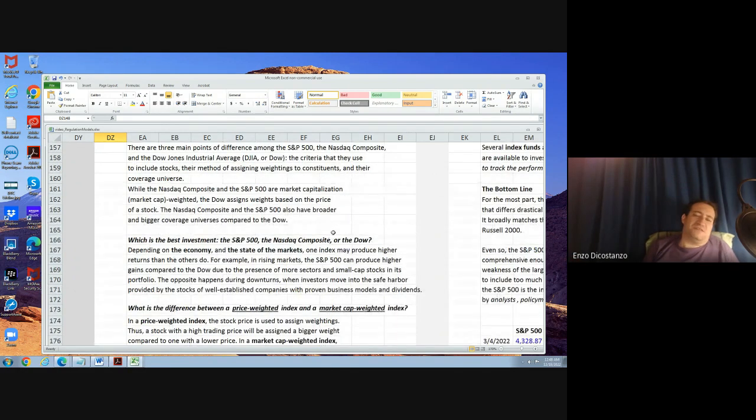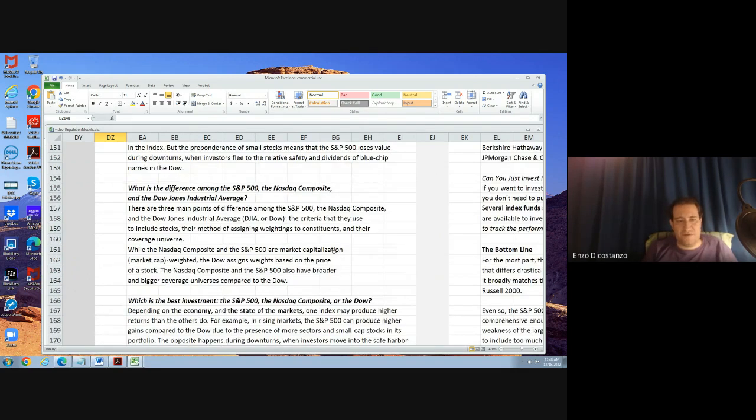And then what's the best investment? We've discussed that the whole way, pretty much. What's the difference? Again, these are market capitalization based, and this is price index based. The Nasdaq and the S&P have a broader and bigger coverage than the Dow.